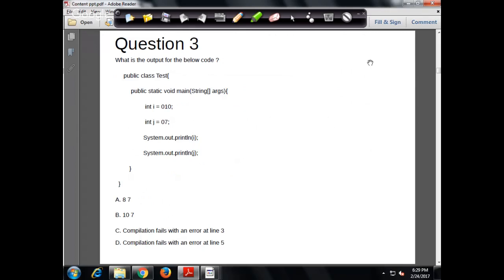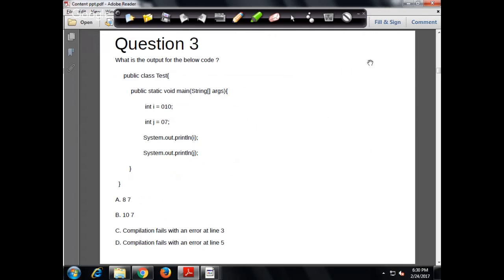Anyone who has given the answer before, would you want to change the option? Pramod says B. Okay. Arun says C, compilation error.